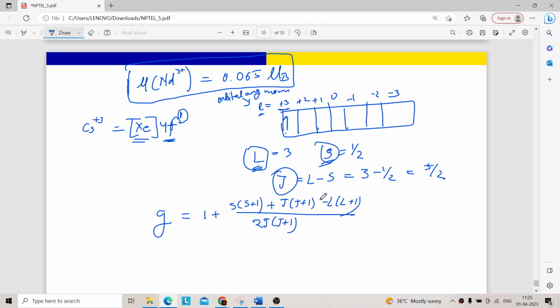You put all these values, then we will get the g value: half into 3/2, then 5/2 into 7/2, minus 3 into 4, divided by 2 into 5/2, is 6/7.